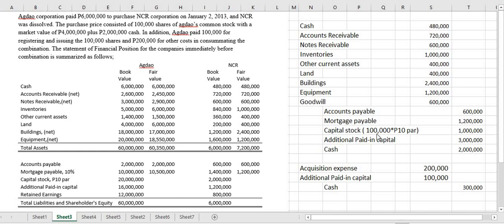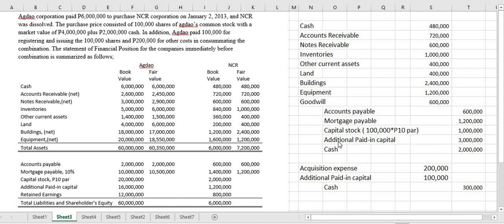And then Agdao will credit all the liabilities acquired and the consideration transferred. The accounts payable shall be credited at 600,000, and the mortgage payable at 1.2 million.